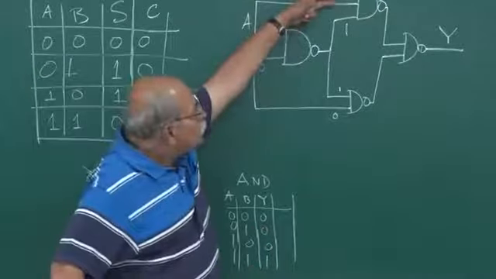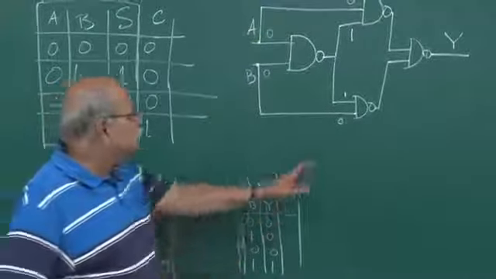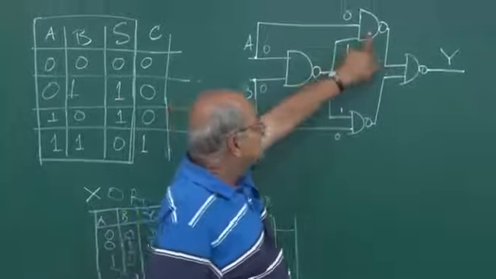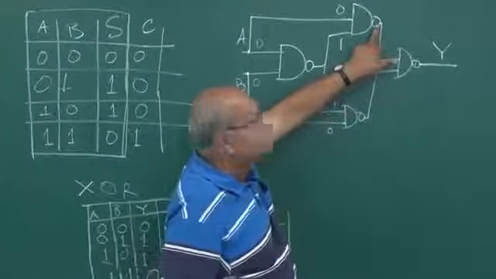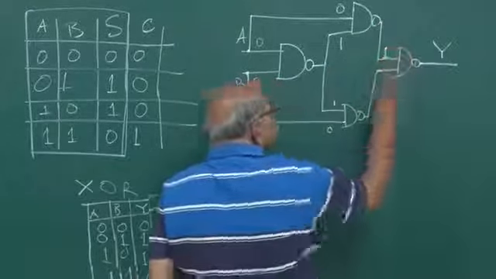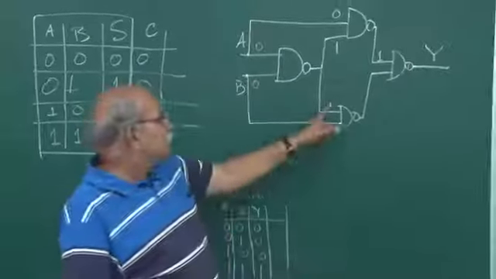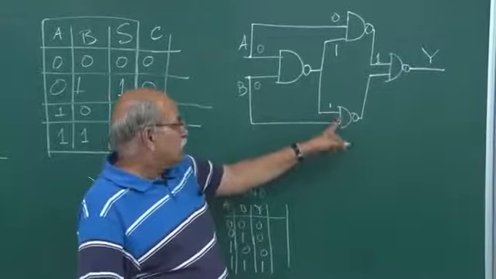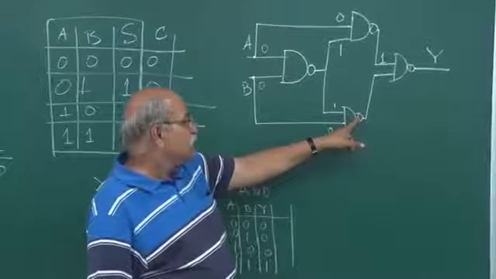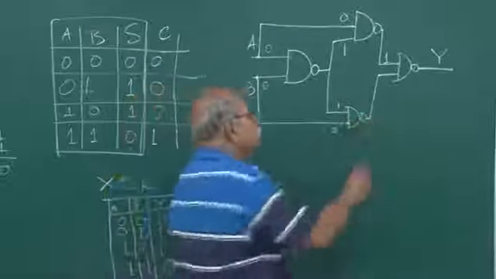So 0 and 1 is 0, so it is 0 here, and then NOT of that is 1, so here we are getting 1. Similarly 1 and 0, that is 0, and then NOT of that means it will be 1 here, so you get 1 here.